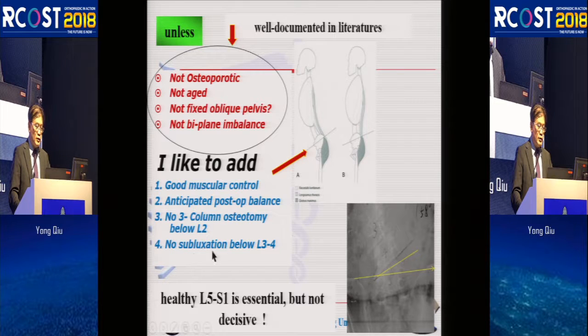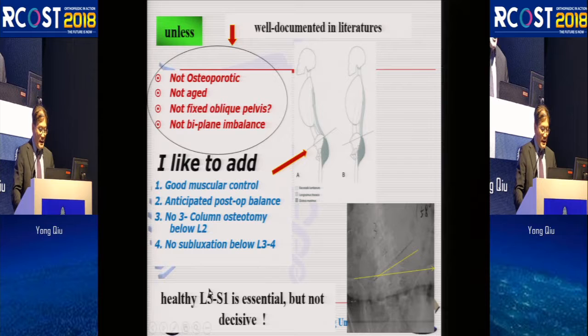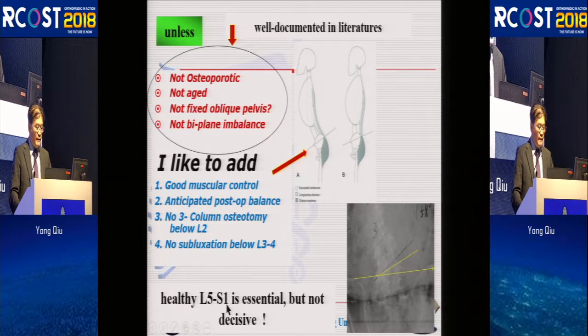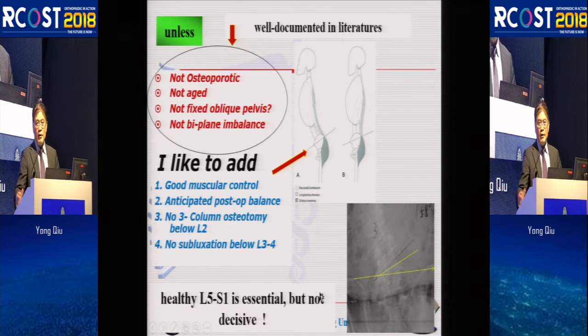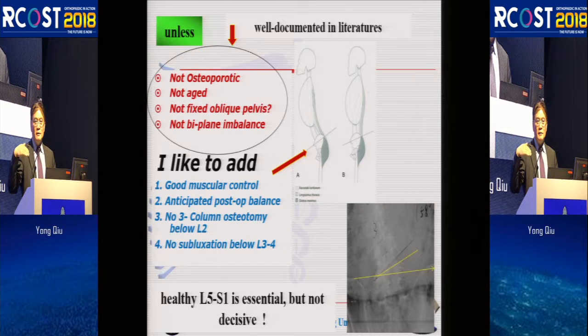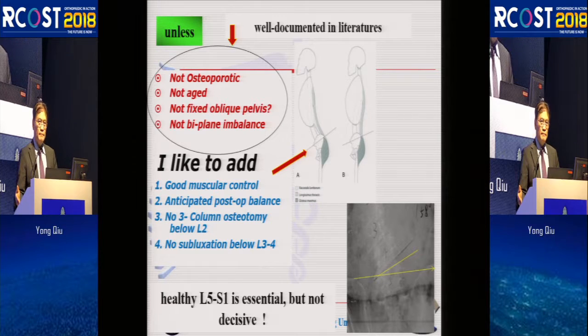And no subluxation below L3, L4. An important point here is that a healthy L5-S1 is essential, but it's not decisive. When you have a healthy L5-S1 disc, it doesn't mean you can stop at L5.